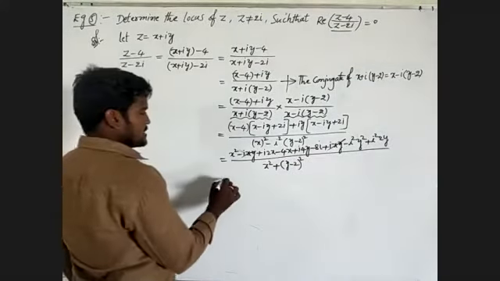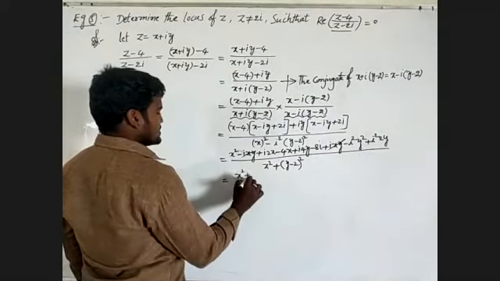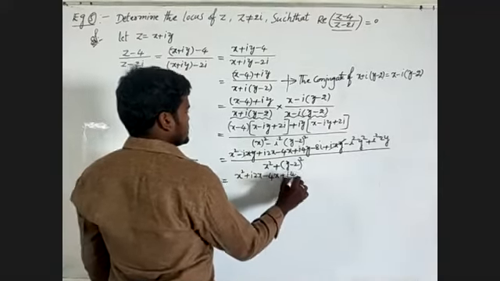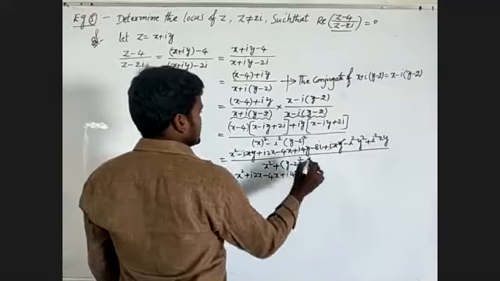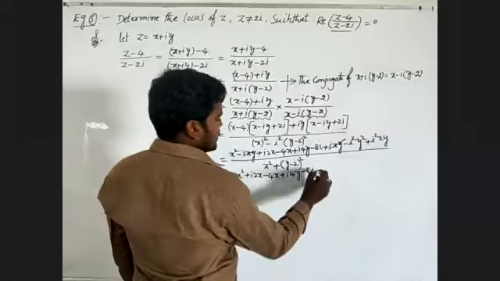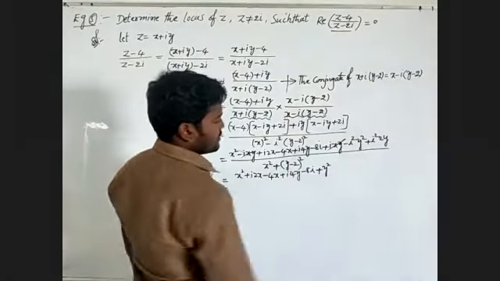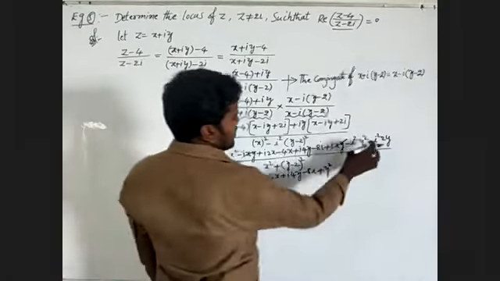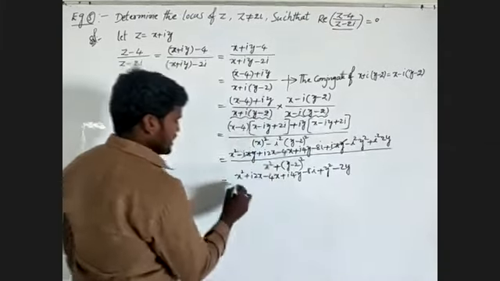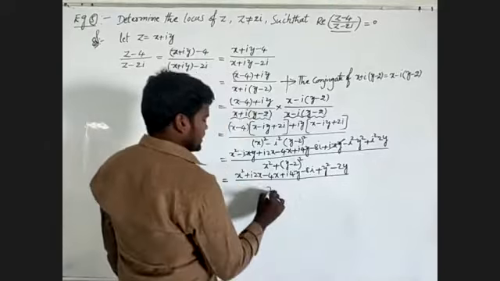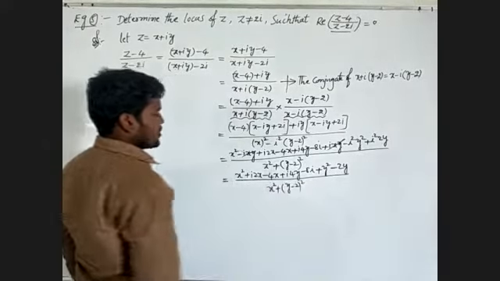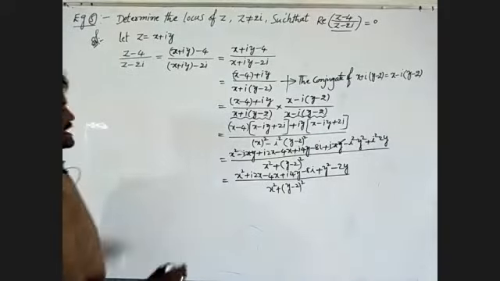After that, we expand: x square plus i into 2x minus 4x plus i into 4y minus 8i, where i square becomes minus 1. Minus of minus becomes plus, that is y square. After that, i square becomes minus 1, plus into minus is minus 2 into y, which becomes 2y, by the denominator x square plus (y minus 2) whole square. First I will write the real part.